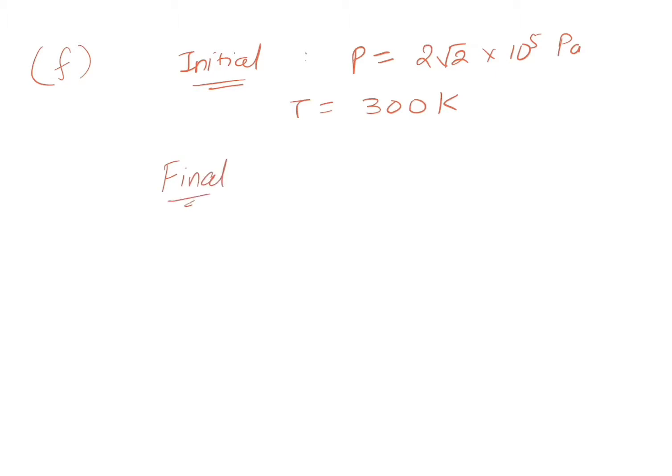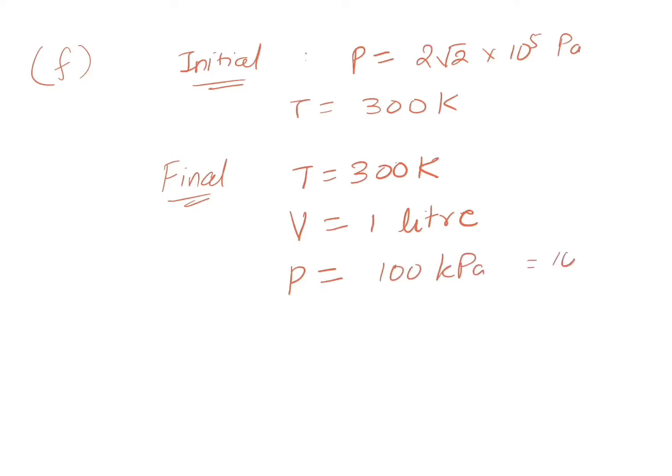And after this process in F, the temperature will be still 300 Kelvin because we have to do isothermal expansion. And final volume is again 1 liter. Now since final volume is again 1 liter and temperature is again 300 Kelvin, which was the situation in the very beginning, final pressure will be again the same as the very initial pressure, that is 100 kilopascal or 10 power 5 Pascal.